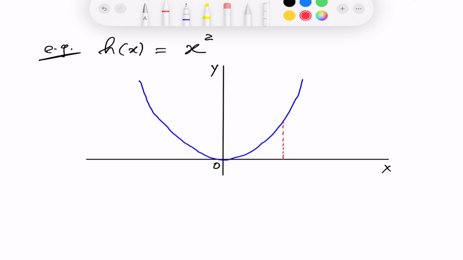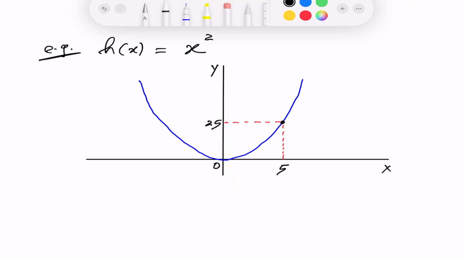Let's say that value is equal to 5. We know for all the values of x, this function is very well defined. Therefore, if I would like to find the value of this function right here, what is this y value? If I substitute 5 for x, I get 5 squared as the y value, so it's equal to 25.